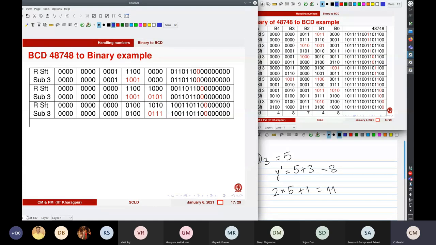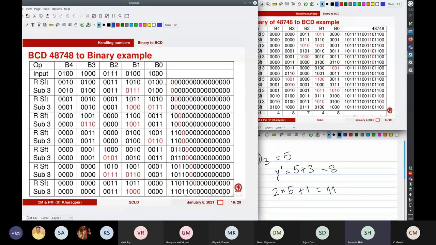Sir, when are we subtracting 3? Whenever the value is greater than or equal to 8. Like in the previous slide, in step 3, the value becomes 8 in B1, and we are not subtracting 3 there. Which one? Are you referring to this one?